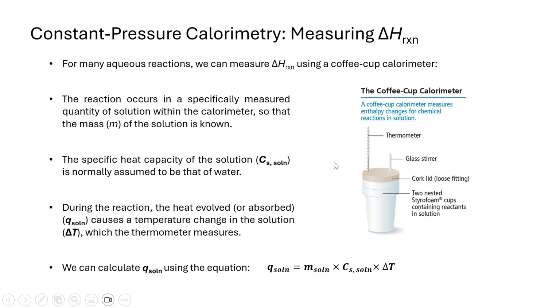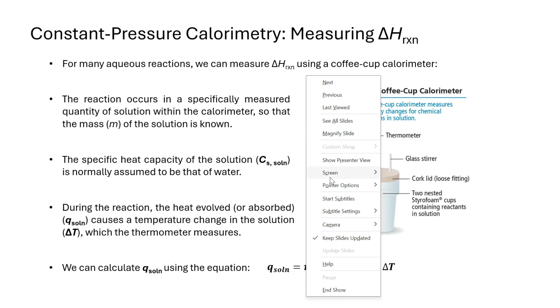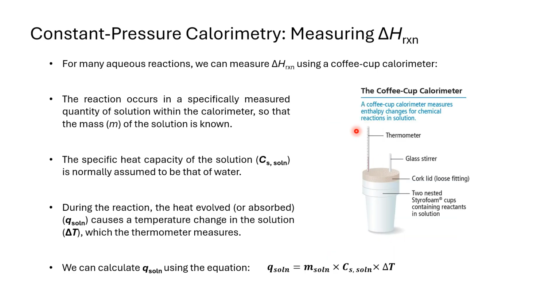Now, if you're going to calculate the delta H of a reaction, remember we saw earlier that the delta H of a reaction is equal to the heat Q at constant pressure, so Q subscript P. Let's say you're running some solution in this coffee cup calorimeter.